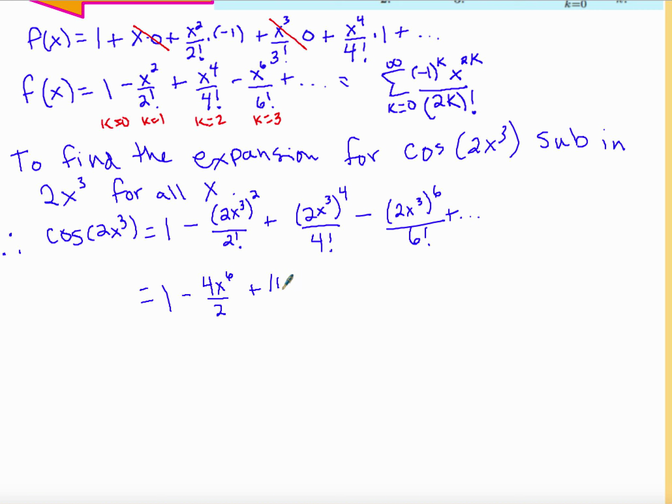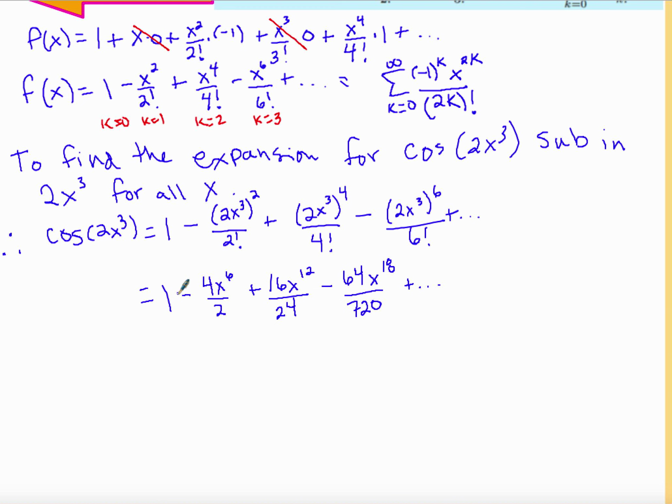We're going to get 16x to the 12th, and 4 factorial is 4 times 3 times 2, which is 24. Then minus, 2x cubed to the 6th. That's going to be 2 to the 6th is 64. And x cubed to the 6th power is x to the 18th. And 6 factorial, 6 times 5 times 4 times 3 times 2 times 1, that is 720. And this pattern shall continue on.